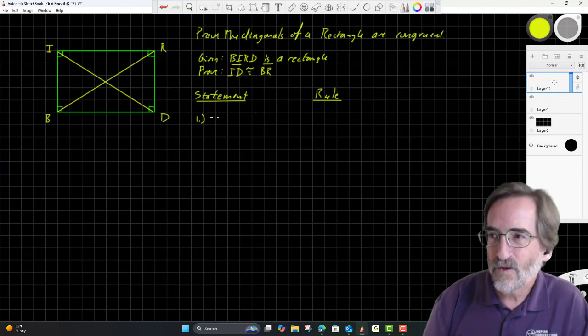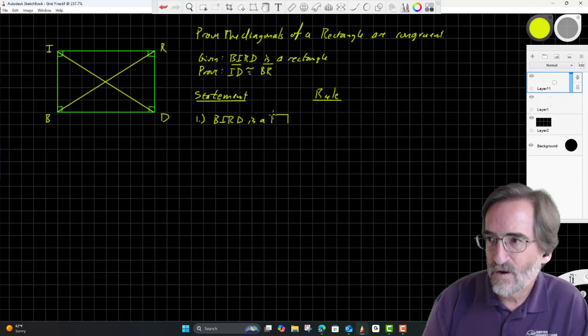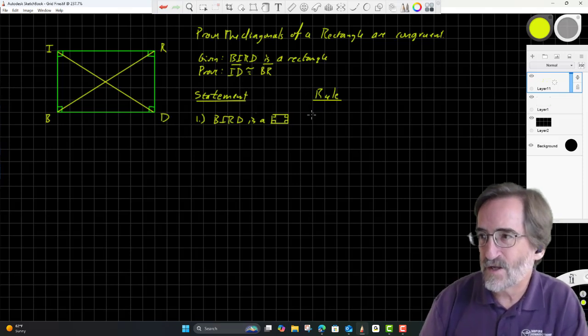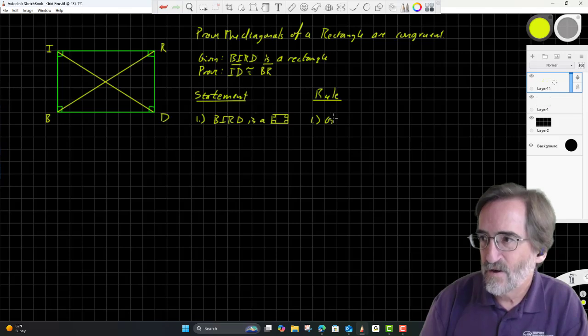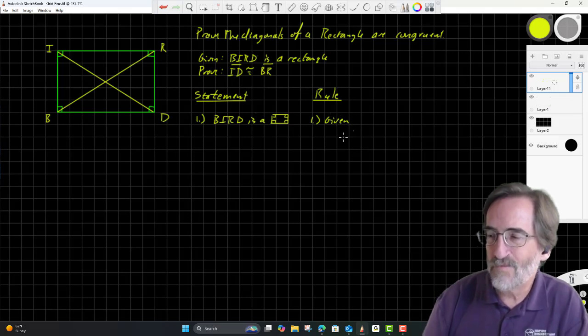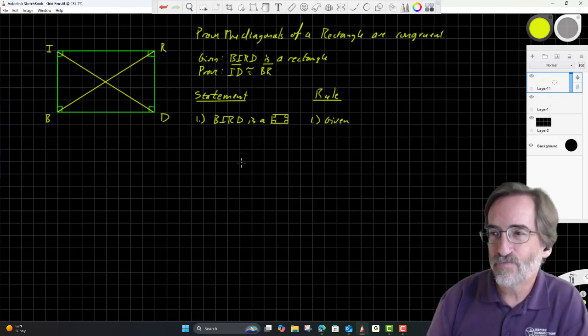And the very first step of a proof, you're never wrong to do this, should be the given. What are we given? BIRD is a rectangle. And for this purpose, I'm going to indicate this symbol for rectangle. How do I know it's a rectangle? It was given. That's the one assumption you can make in a proof, that the given is true.